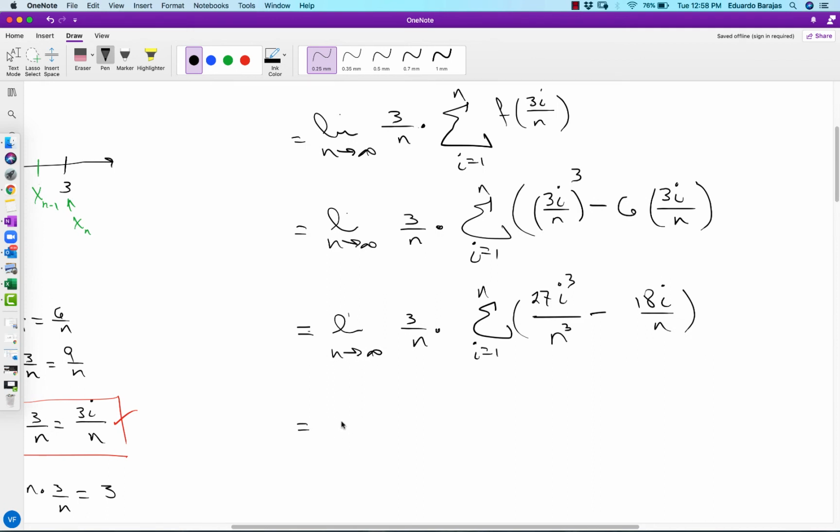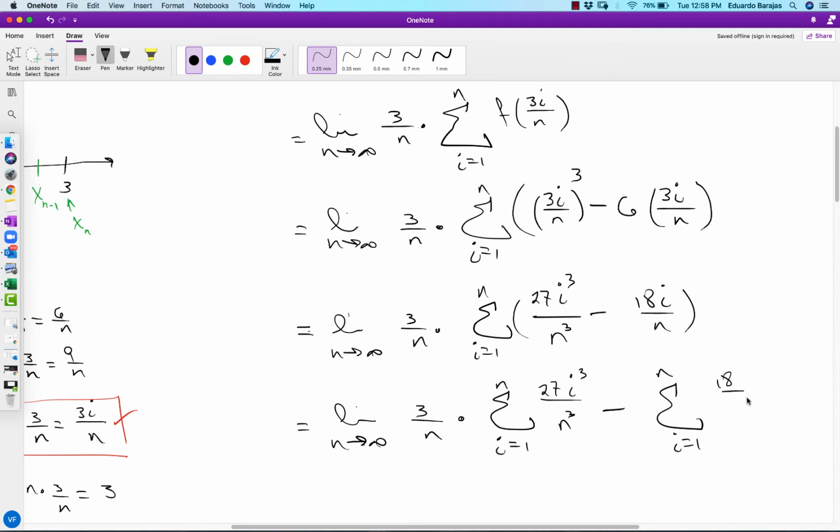What that means is the limit as n goes to infinity of 3 over n times, and now I'm going to separate this, the sum as i goes from 1 to n of 27i to the third power over n to the third power minus the sum as i goes from 1 to n of 18i over n. So kind of two separate things, and the 3 over n applies to both of them, so we can multiply it like that.